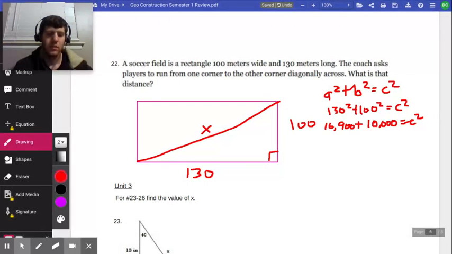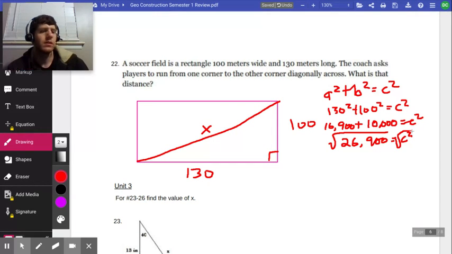So 10,000 plus 16,900 is going to be 26,900. And then to get rid of the square, you've got to take the square root of both sides. So we want to take the square root of 26,900.